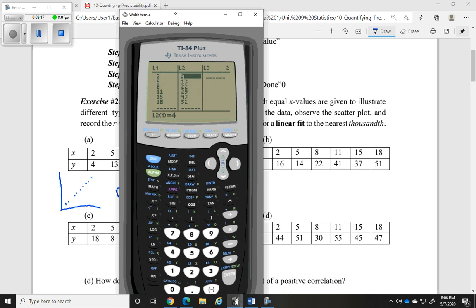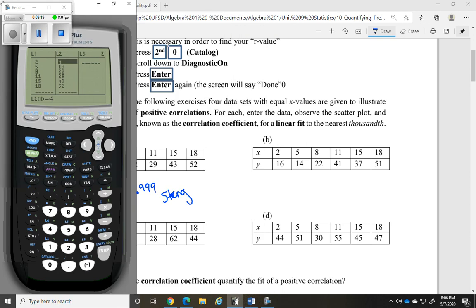So the x values are still the same, 2, 5, 8, 11, 15, and 18, but I'm going to change my y values. So I'm going to change my L2.